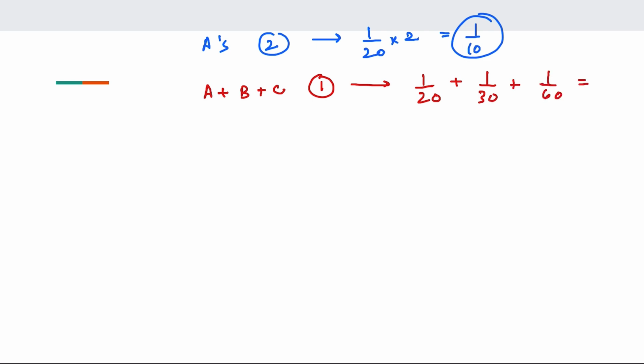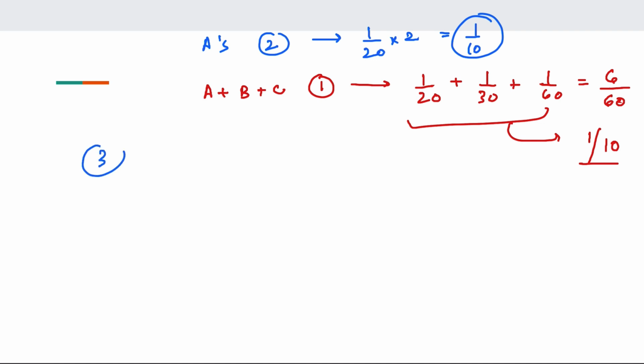Now if I add, it's going to be 6 by 60, which is nothing but 1 by 10. Alright. Now what is the work which is done in 3 days? It's actually 1 by 10 plus 1 by 10. Got it? 1 by 10 plus 1 by 10, which is 2 by 10, which is nothing but 1 by 5.